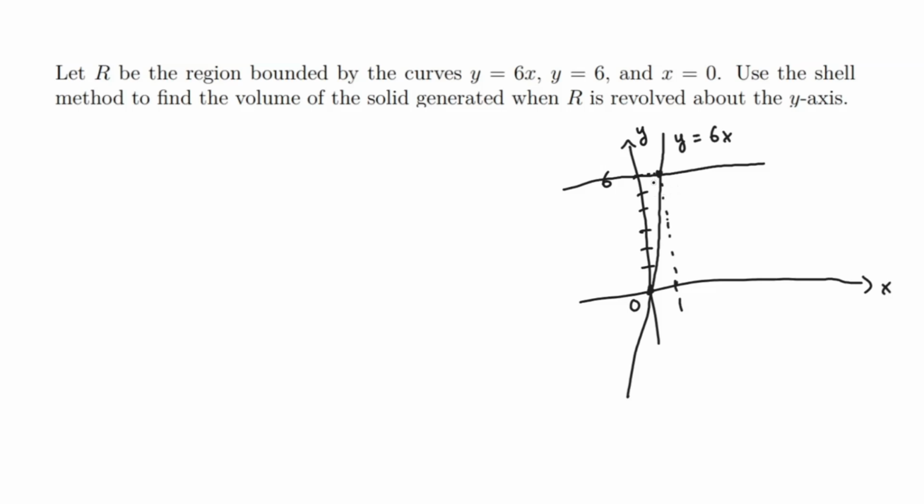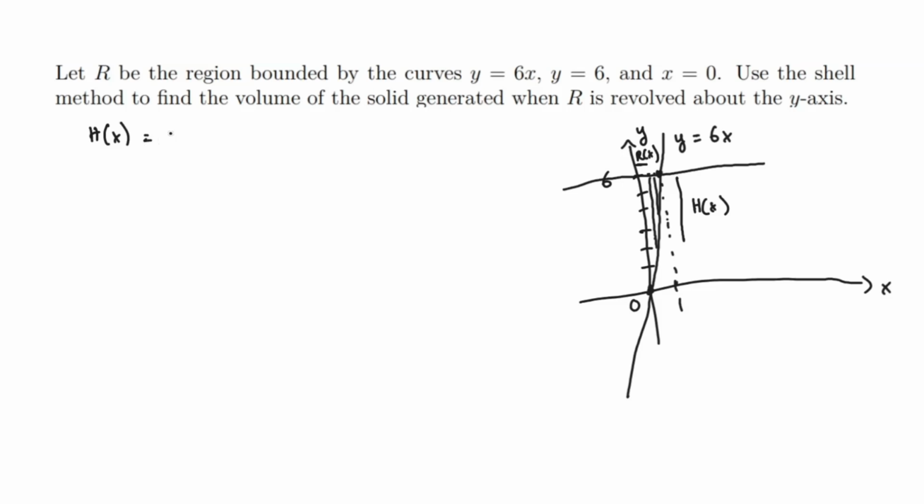First I'm going to cut this into a rectangle. This is the rectangle. This is h of x, the height of the rectangle, and this is r of x. So we have to identify h of x.